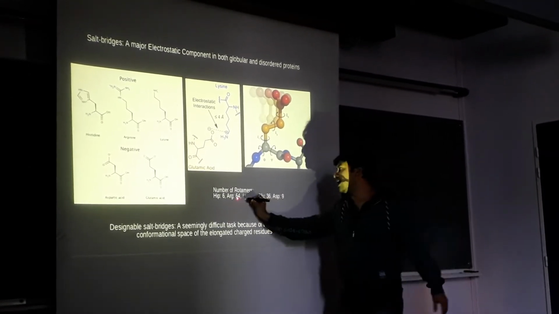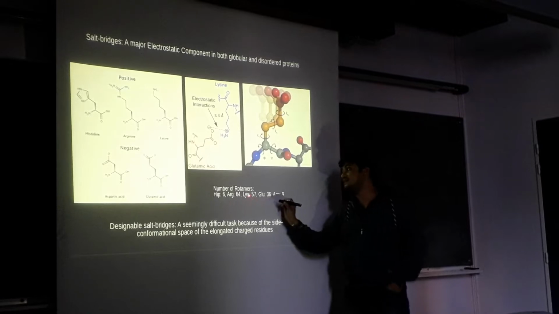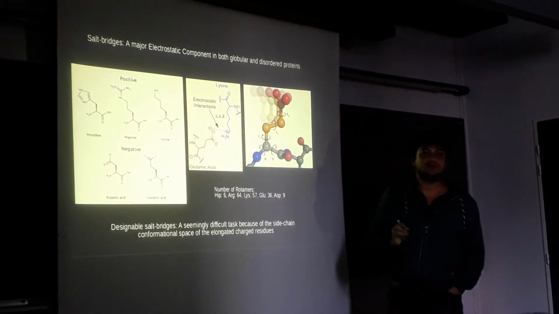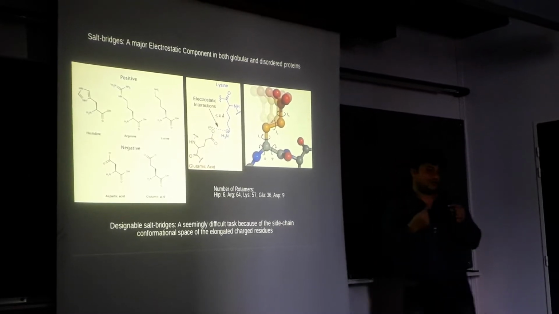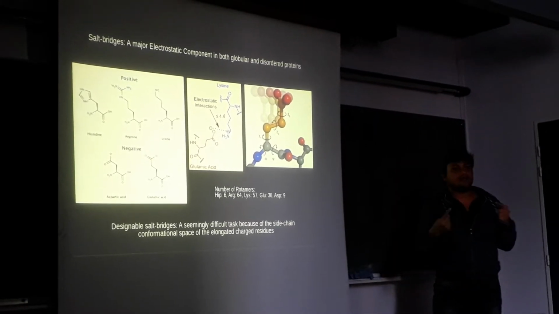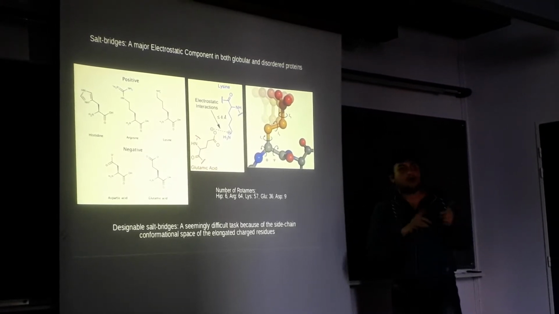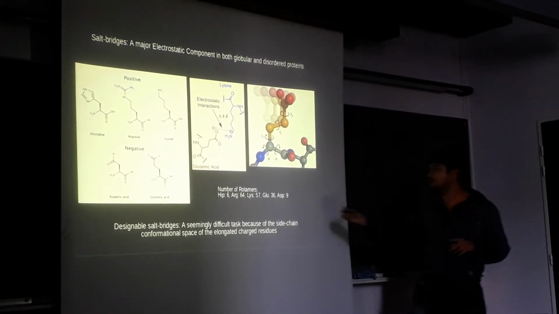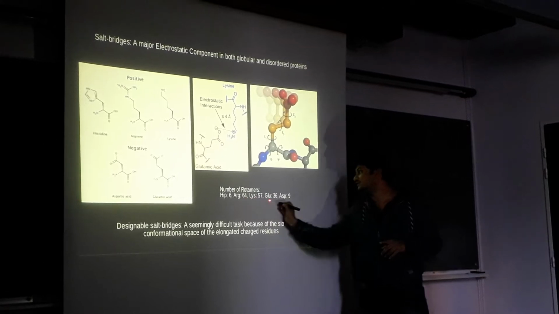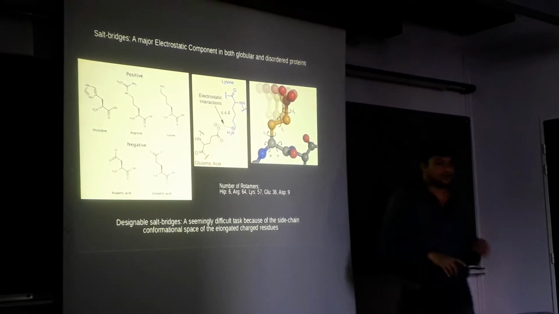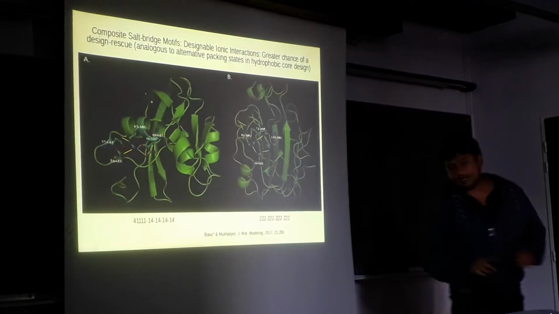As you can see, arginine has 64, lysine has 57, glutamate has 36 rotamers already tabulated in the Dunbrack library. So if you are trying to design a single salt bridge, you are basically selecting one ordered pair combination out of a combinatorial space of, let's say, 64 times 36 if you are trying to design an arginine-glutamate isolated salt bridge. So it's very difficult.